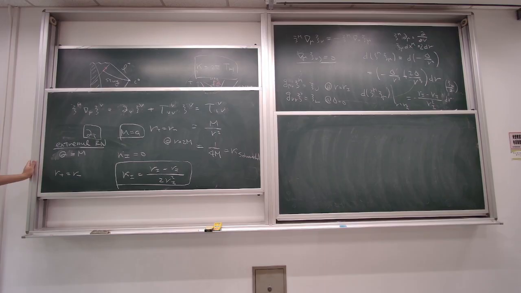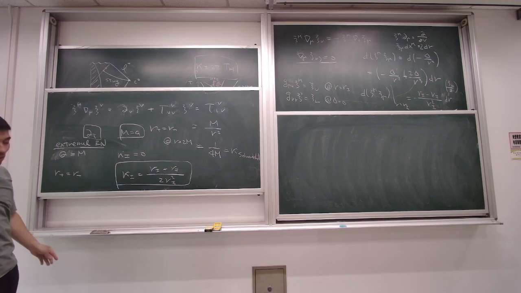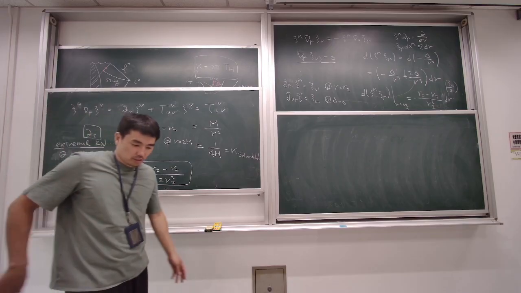Maybe the reason why I need to use Eddington-Finkelstein is that somehow the calculation doesn't give you the correct answer for surface gravity if you use the ordinary Schwarzschild metric. Okay.